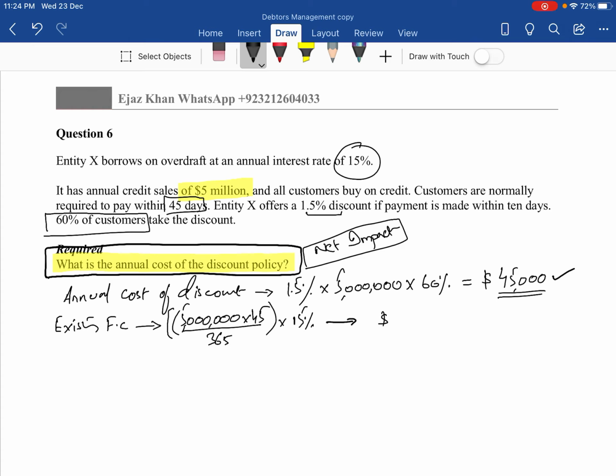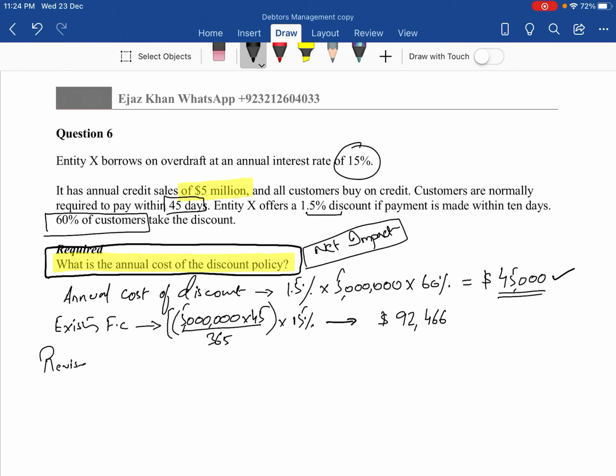So 5 million into 45 divided by 365 multiplied by 15%, so it's $92,466.